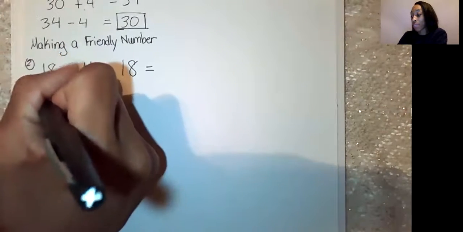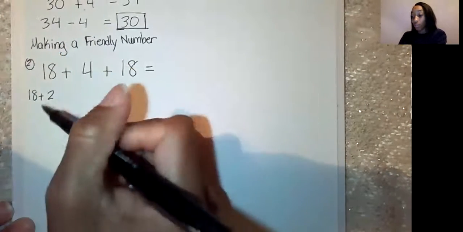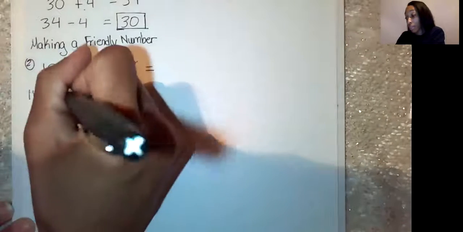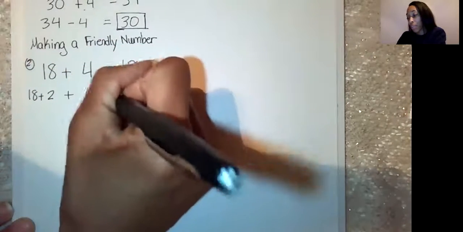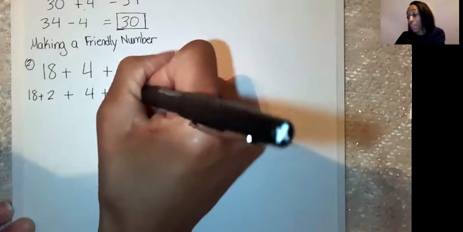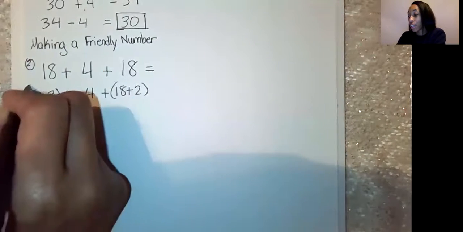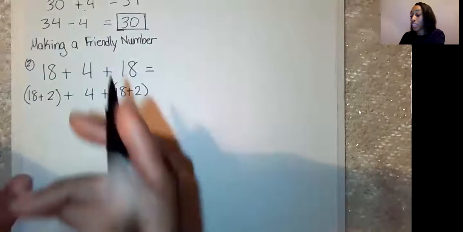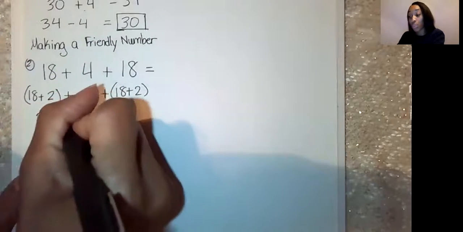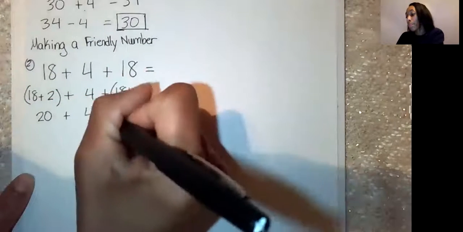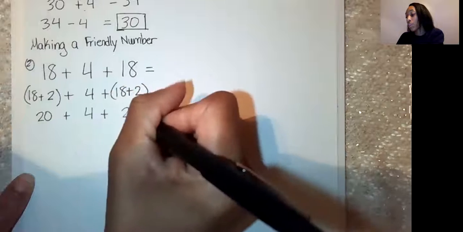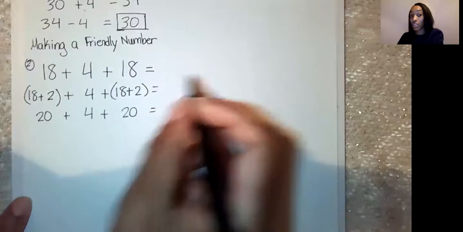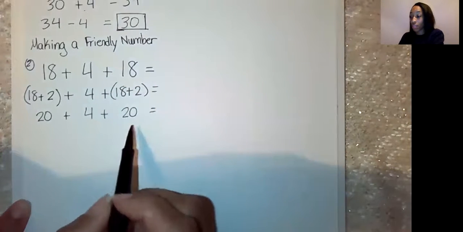So 18 plus 2, I know that's going to give me 20, but I'm just making my new line so that I'm clear on what I'm adding to. So 18 plus 2, 18 plus 2. So that's going to give me two 10s here and two 10s here. 18 plus 2 is 20, which is two 10s. And 18 plus 2, another 20. Oh, that looks much easier to add now.